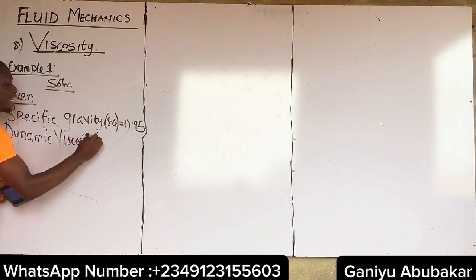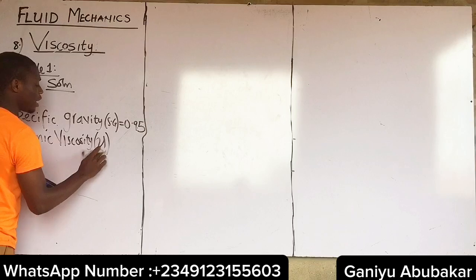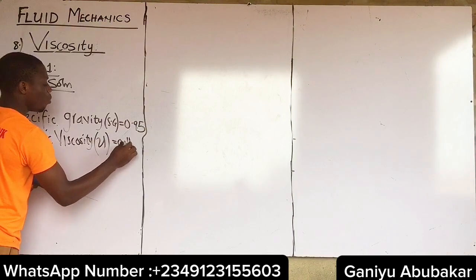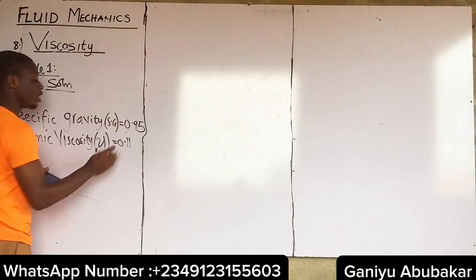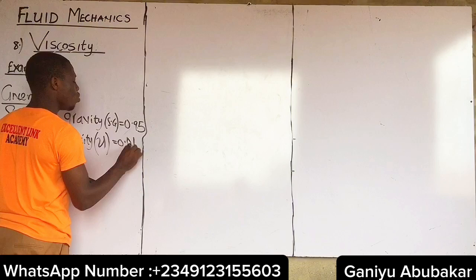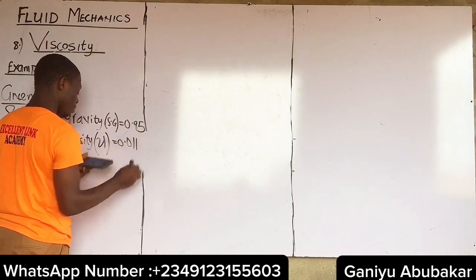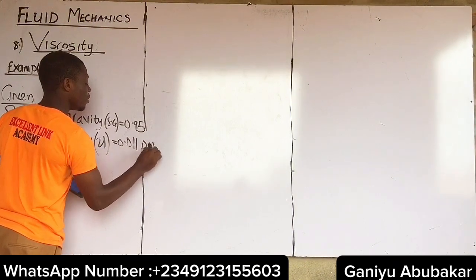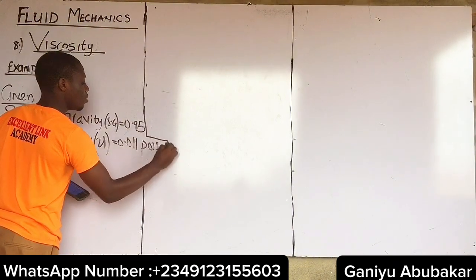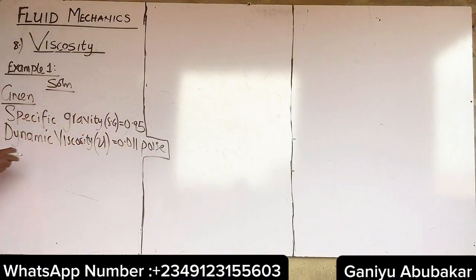That's mu as 0.011 poise. Sorry, 0.011 poise. What is its kinematic viscosity? So I'm looking for what?